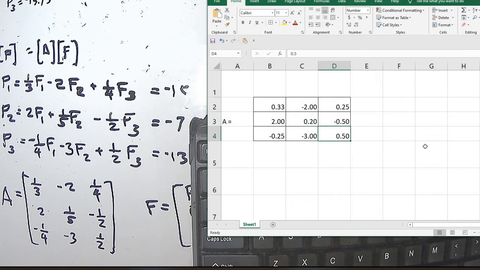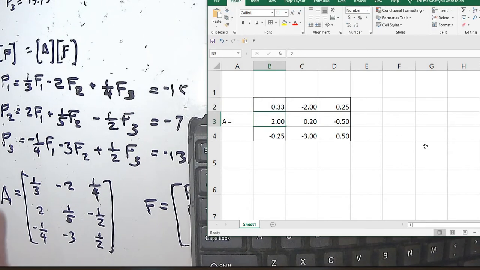Ayun, pwede pala yan. Let's try here, 1/3. Okay, kataon, pwede pala.